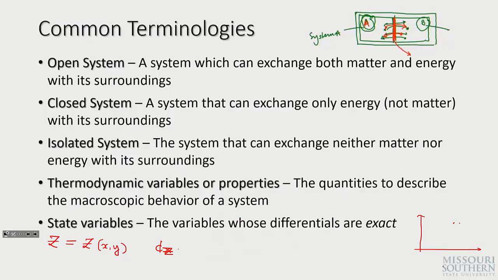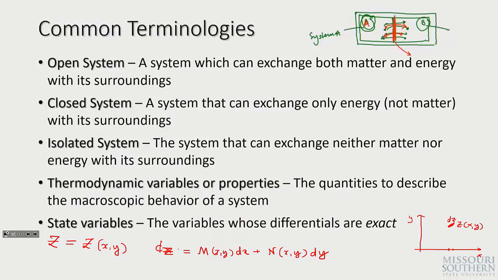What that means is, if you have, let's say, some point z on this xy plane, okay, so if you want to find the small change in this z, then you can find this change as the linear combination of small change in x, some coefficient, small change in x plus some coefficient, small change in y.